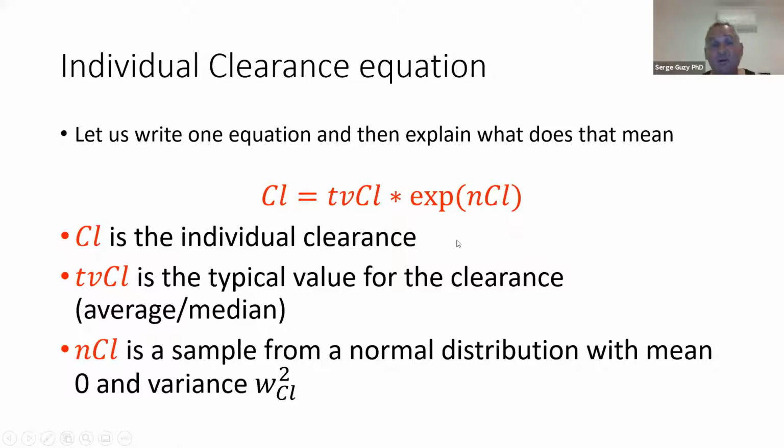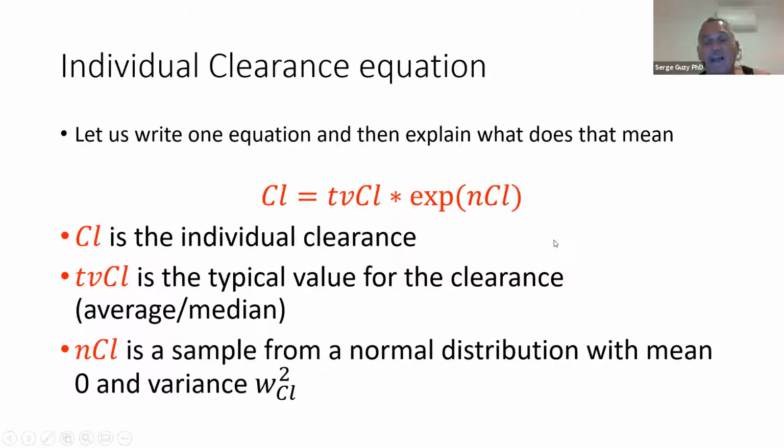Because everybody has the mean in common when we don't talk about covariates, the mean for everybody is 5, and if NCL equals 0.1, then that patient has a clearance of 5 multiplied by exponent 0.1. If another patient has an NCL of -3, then his clearance will be 5 multiplied by exponent -3.